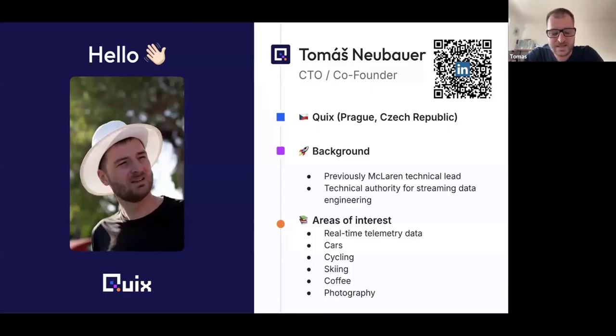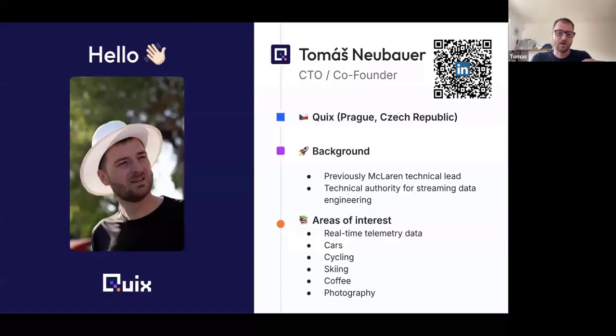I'm a CTO and co-founder of Quix, and I have spent my whole career working with some shape or form of sensor data, whether that was from fleet vehicles or from F1 cars on a track, coordinating first emergency vehicles together to save patients during a crash on the road or doing a skiing, for example, up to connecting high-speed railway in Asia to detect braking or suspension failures using machine learning models.